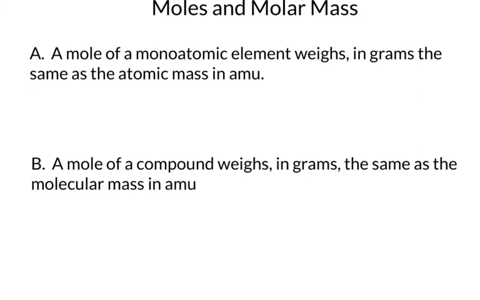Now let's look at mathematically what's the difference between something like an atomic mass and a molar mass. So here we'll start with A. A mole of monoatomic element, so that means it's made up of atoms, weighs in grams the same as the atomic mass in AMU. For example, if I were to look at carbon, what is the atomic mass of carbon?